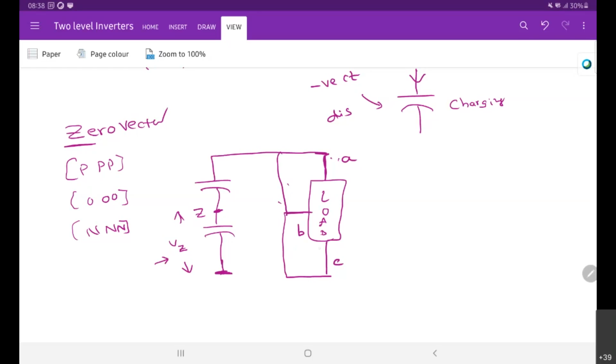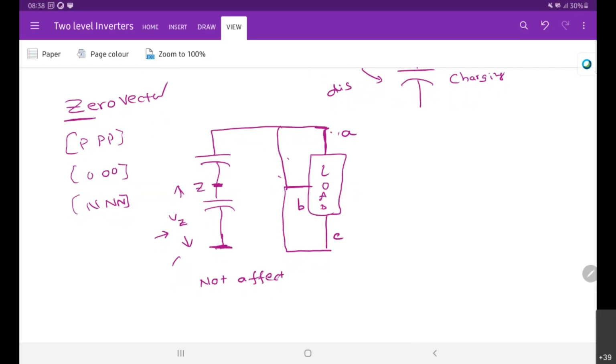By operating the inverter like this, if it is short circuiting the load, will it affect the neutral point voltage? There is no physical connection to this neutral point, so whatever voltage was there earlier is maintained. That means it will not affect the neutral point voltage. Is this clear?